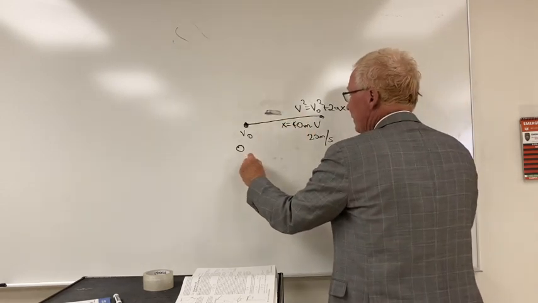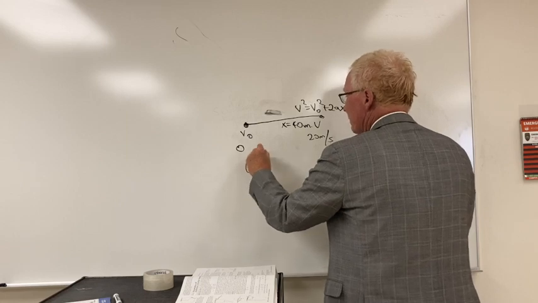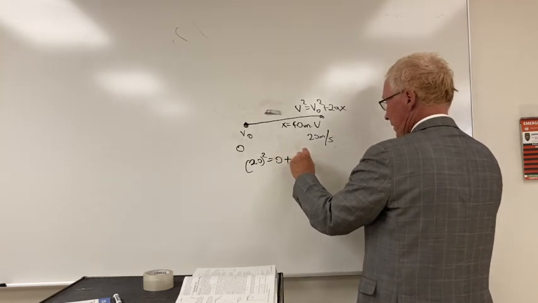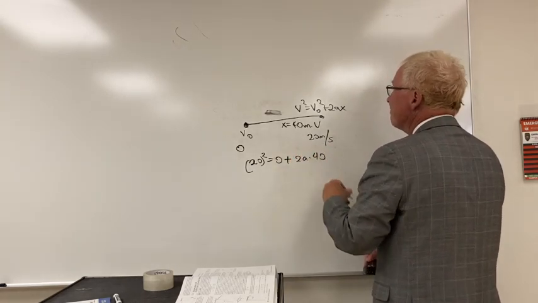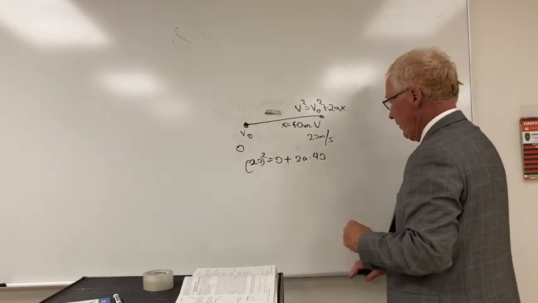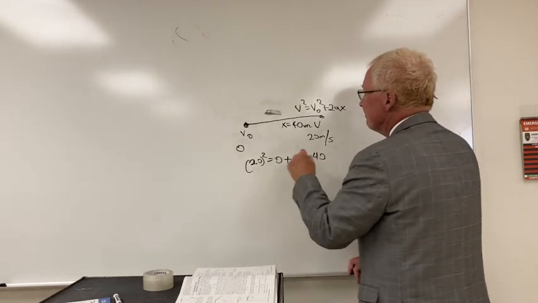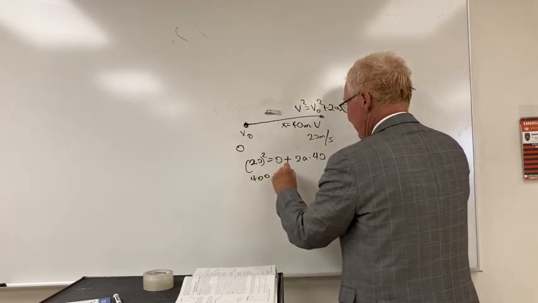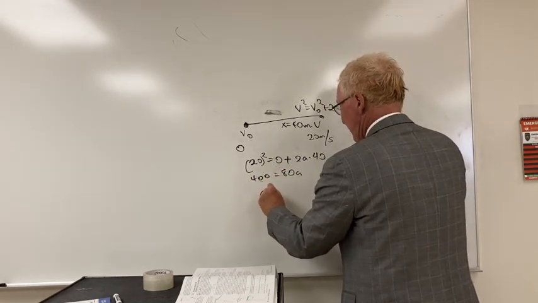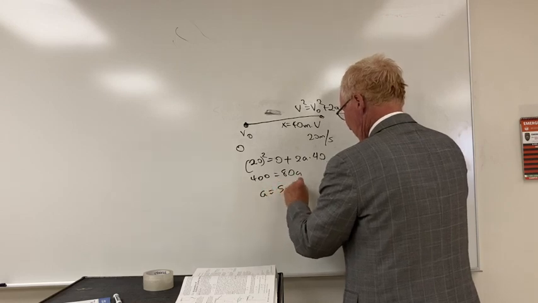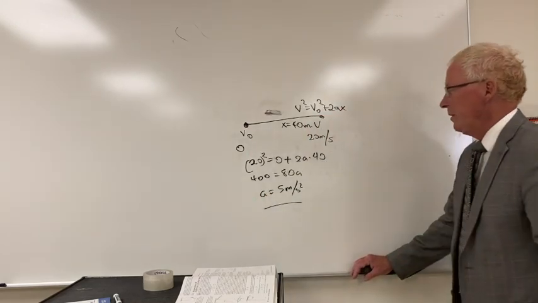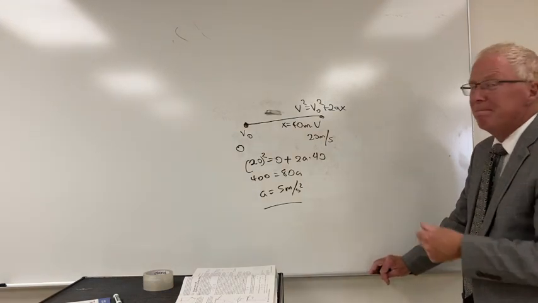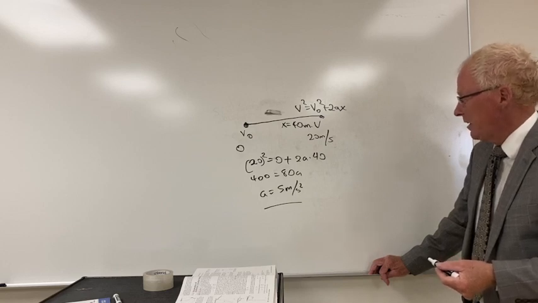It would be 20 squared equals 0 plus 2 times a times 40. So that would be 400 equals 80 times a. So a would be 5 meters per second squared. So this is linear acceleration. We're going in one direction.